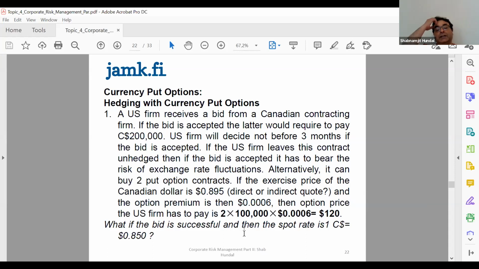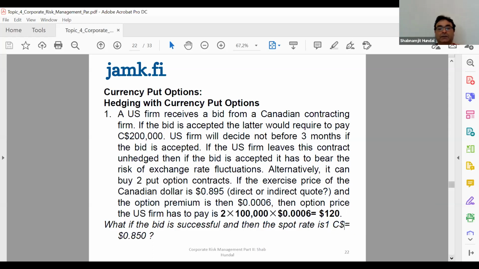Imagine the Canadian company buys you, your project or your company, and they pay you 200,000 Canadian dollars as agreed. But on that day, when the Canadian company pays you, 1 Canadian dollar is selling for 0.850 American dollars.